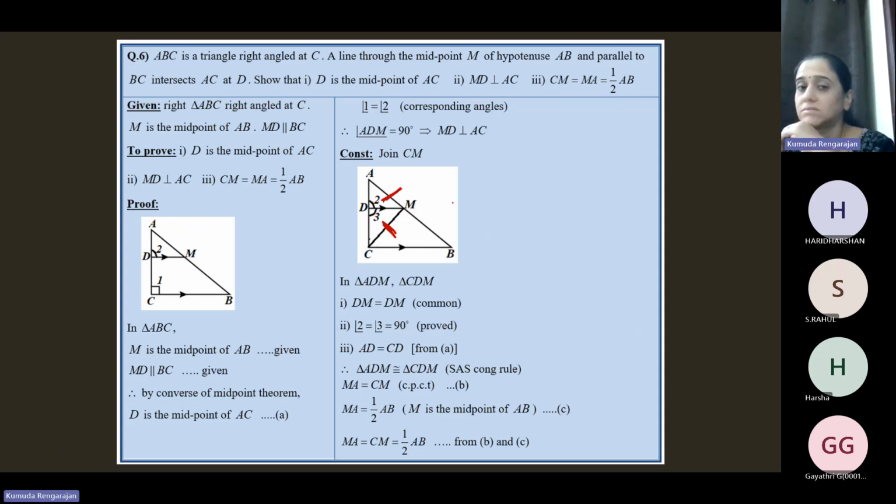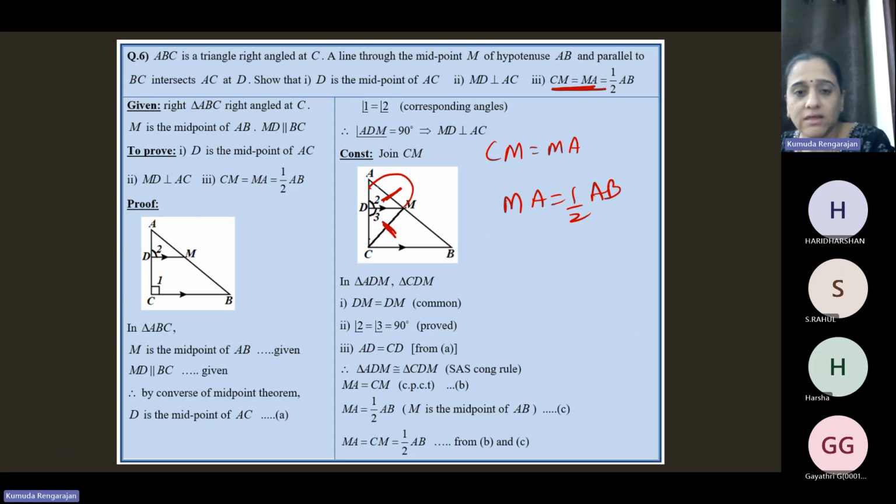Okay. Now we proved this one, CM is equal to MA. Now we should prove that these are equal to half AB also. See, MA is equal to half of AB, right? Why? Because M is the midpoint of AB.